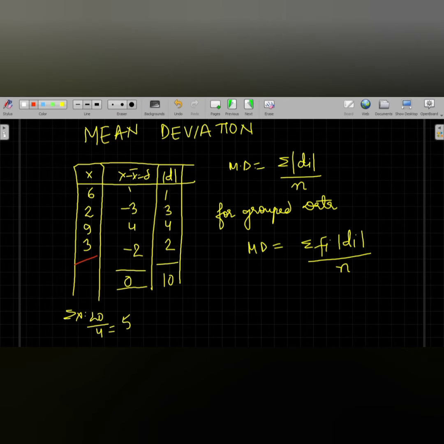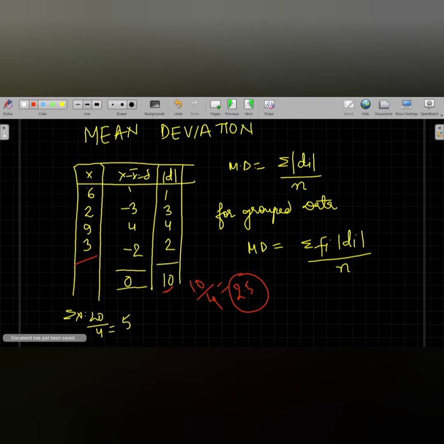So the negative sign will be written as positive and positive will remain positive only. Now we'll sum up all these deviations, that is 10. Now this 10 is divided by 4. So it will be 2.5. The mean deviation is 2.5.